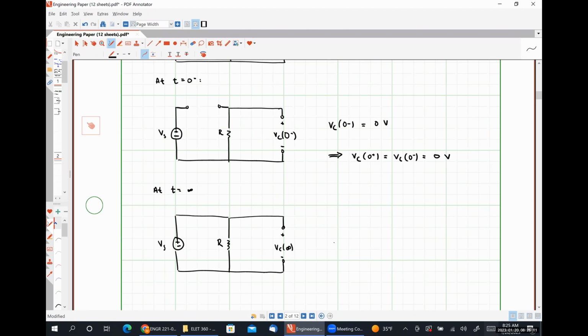And so if we were trying to figure out what our quantity VC at infinity is, what would the result be using circuit analysis here? It won't be 0 again.